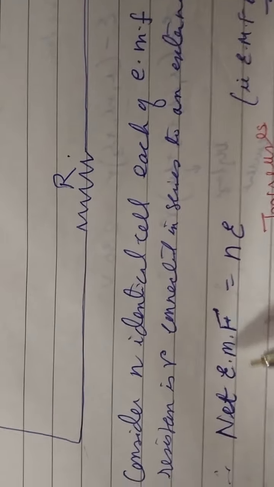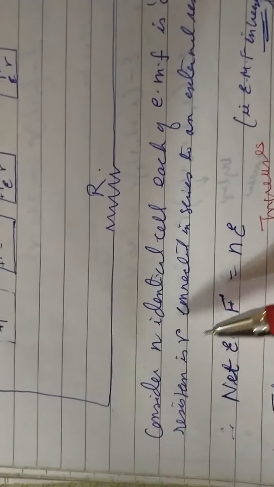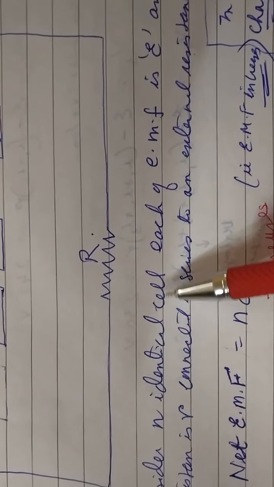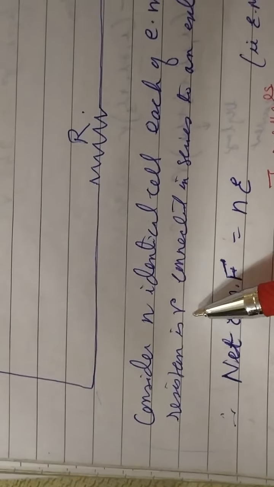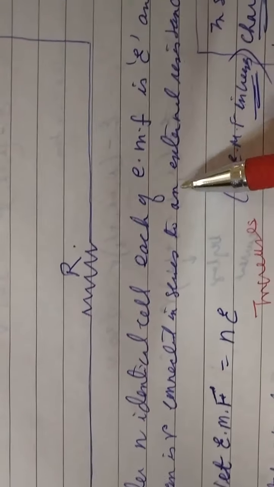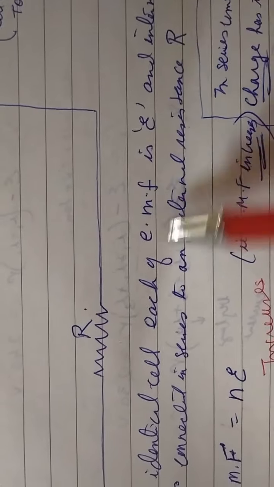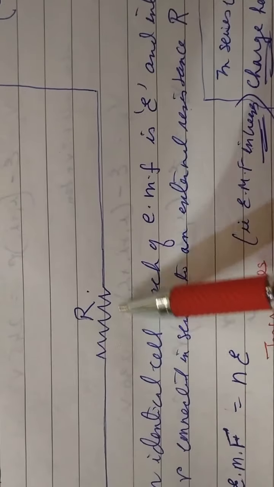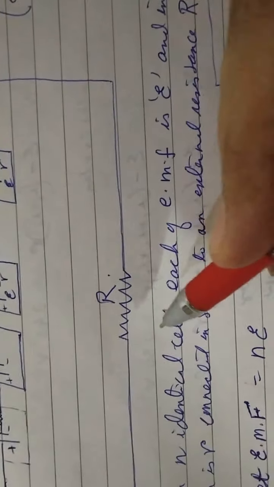So now we are going to discuss when n cells are connected in series. What is the net EMF? Consider n cells, each of EMF E and internal resistance r, connected in series to the external resistance capital R. This is your external resistance, or we can call it a load.